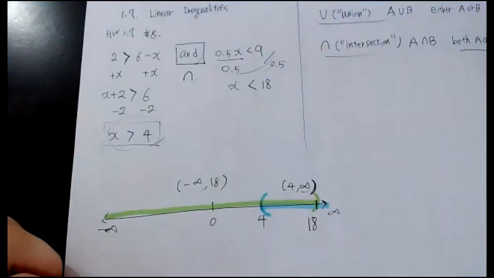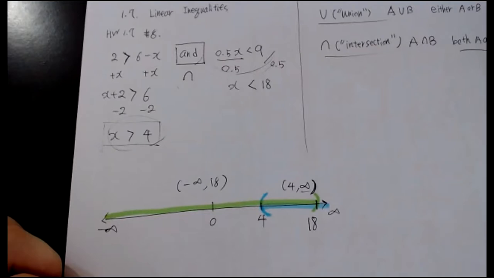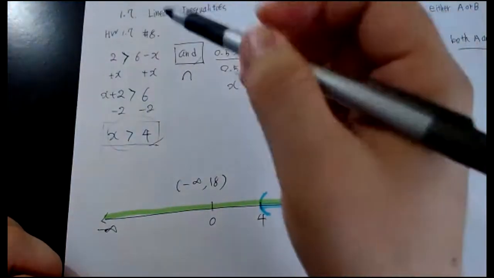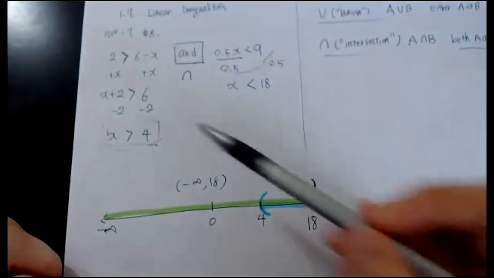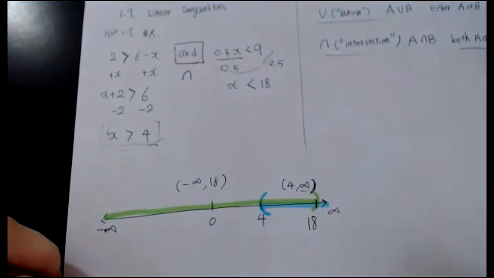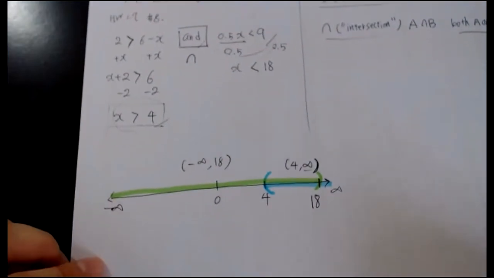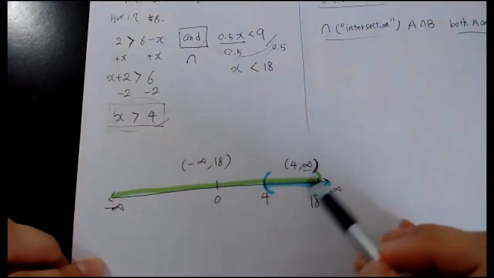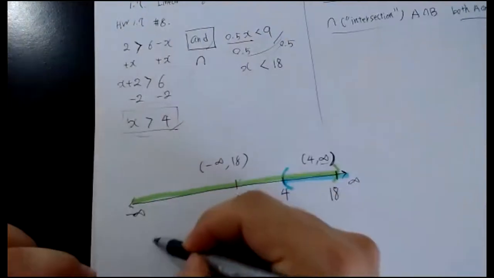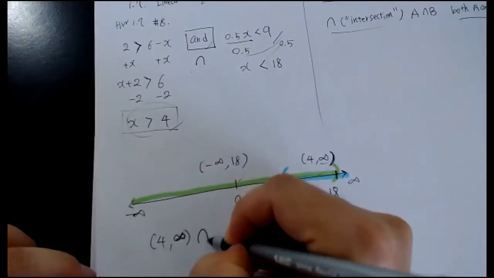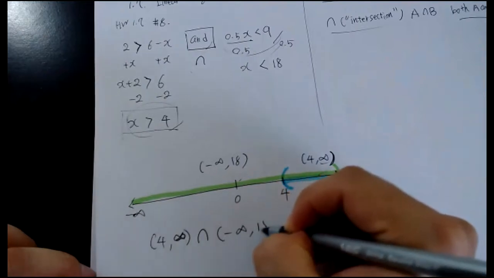It means that we have to find the set of solutions belonging to both the solution set of this one and the solution set of this one. So how can you find the intersection of this solution set and that solution set? 4 comma infinity intersected with negative infinity to 18.